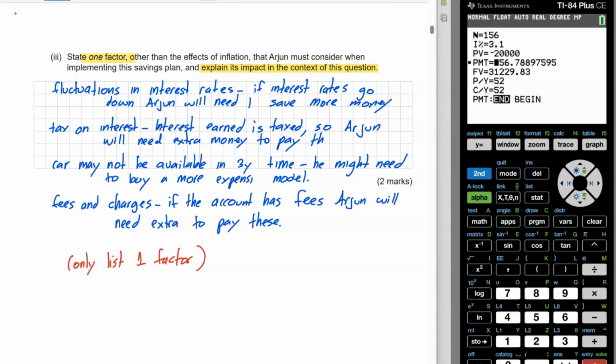Another one might be, maybe last one I've listed there, is the fees and charges. So that's one thing he's got to consider. And then its impact is going to be that if the account has fees, then again, he's going to have to pay those along the way and again needs the extra money. So anyway, just choosing one factor here, but make sure you explain its impact.